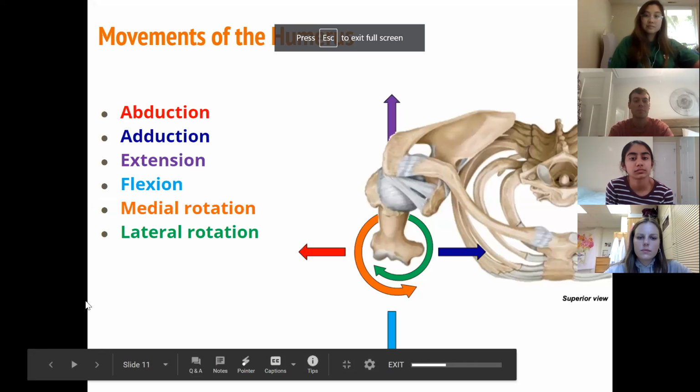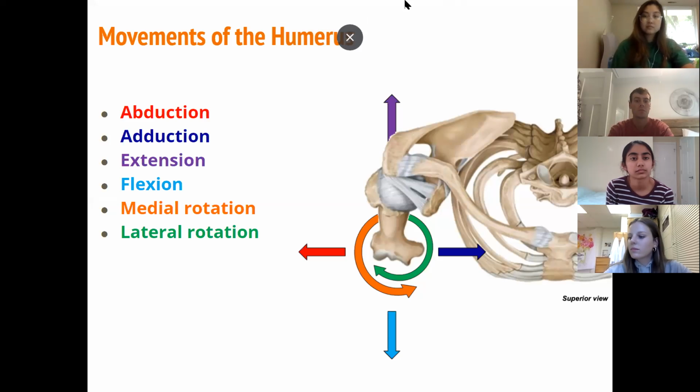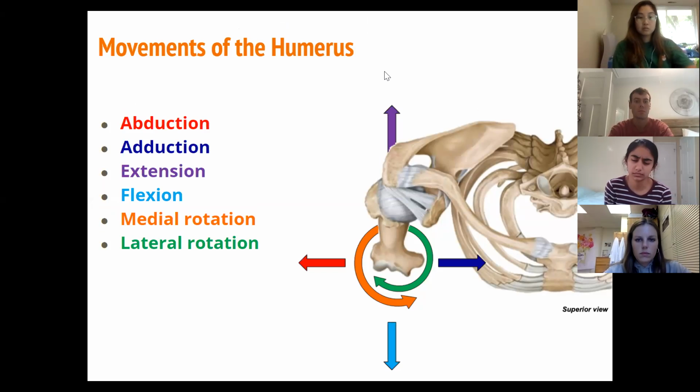Okay, I have a question for you all. If someone can unmute themselves or add this to the chat: can you move in more than one plane of motion in the humerus at once? Yes? Can you give me an example?